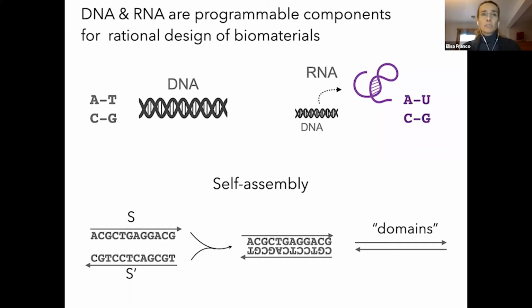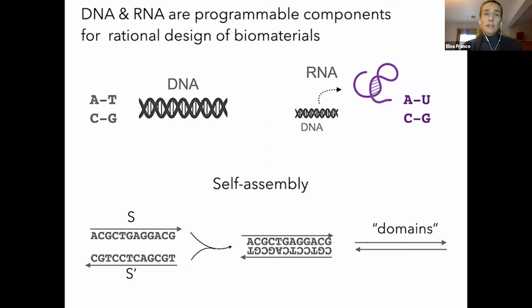Because this is a process that, yes, it is sequence driven, but there is a multitude of sequences that can satisfy the same requirement of binding and the same requirement of kinetics, we can stop thinking about the specific sequence we choose, and simply refer to them as domains, okay? So in the rest of my talk, I will not really show you specific sequences of my oligos because I don't care. They could be anything as long as they satisfy the complementarity requirements I want.